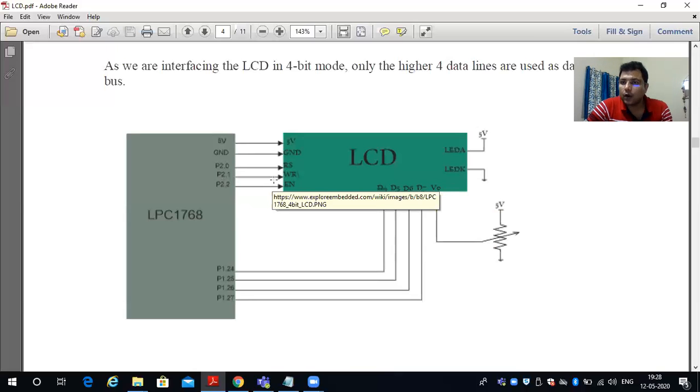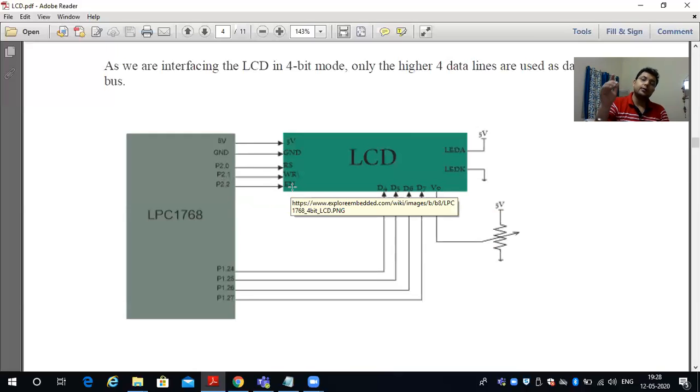Likewise, if we just ground the read/write line, it means our intention is always to write. And the enable, in both operations, when we want to display anything or when we want to execute any command, first this signal should go high to 1. It should stay high for a while and then it should go low.